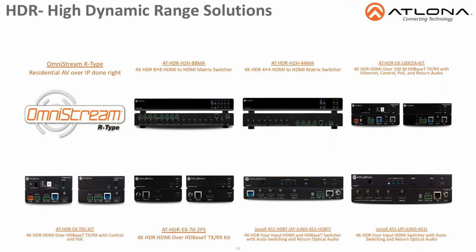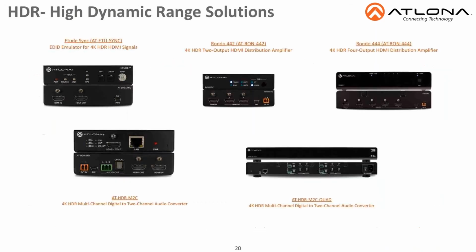We have a few transmitter kits. First is the 100 CEA, that's 100 meters with control, Ethernet, and audio return channel. We have the 70C, which is a 70 meter kit with control, and then just a regular 70 meter kit for audio and video. We have the Juno series of switchers, which we'll touch on in just a moment.